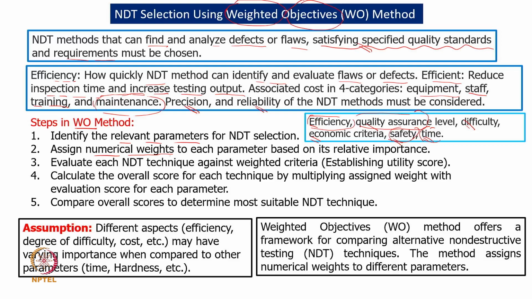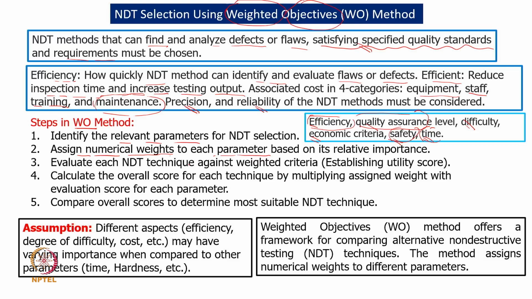So we are ranking. That is what we need to quantify, and in this lecture we are saying to assign numerical weights to each selected parameter. Whether we want to give more importance to efficiency or more importance to quality assurance, the selection method will be slightly different, and the method selected may be different also. So these things need to be evaluated properly.